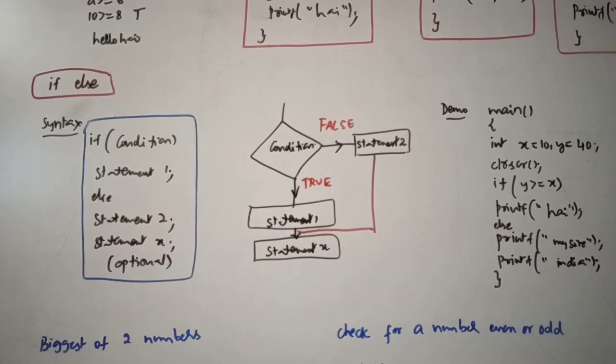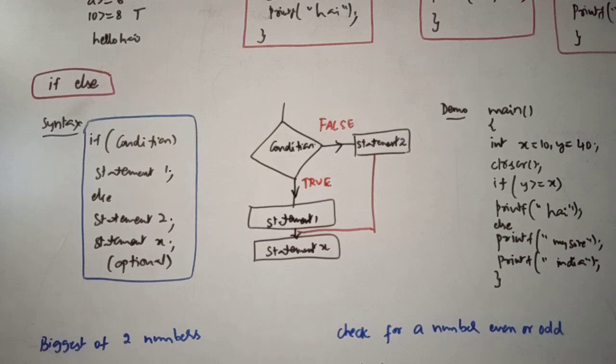The first category is if else. Look at the syntax: if, condition, statement 1, else, statement 2, and statement x, which is optional. Of course, we can have any number of statements. What is important here is that there must be one statement before else and one statement after else.